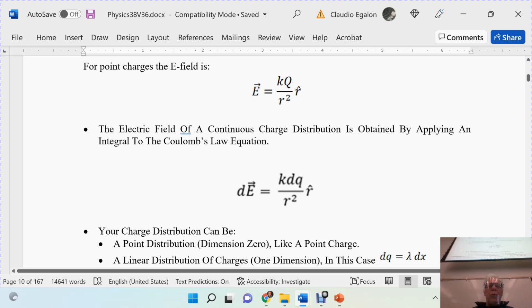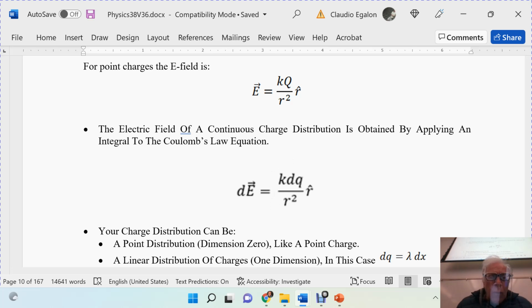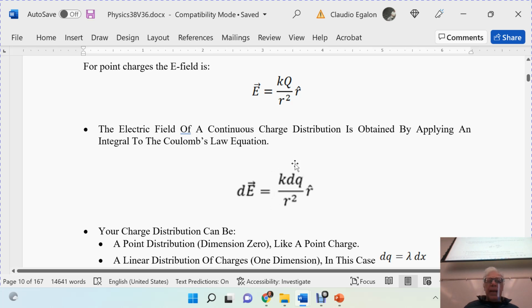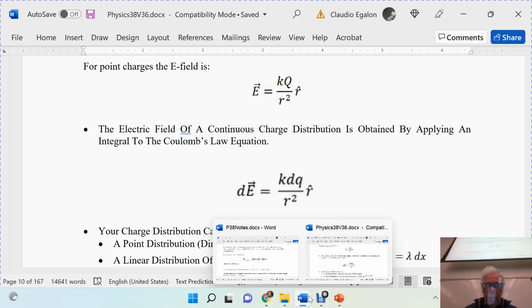Then all you have to do is integrate this equation to find the net field of that distribution. There are some neat techniques that we can use to make it easier to calculate this integral. So let's write that down here in the notes.